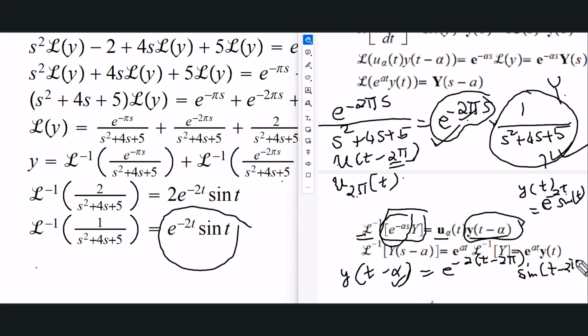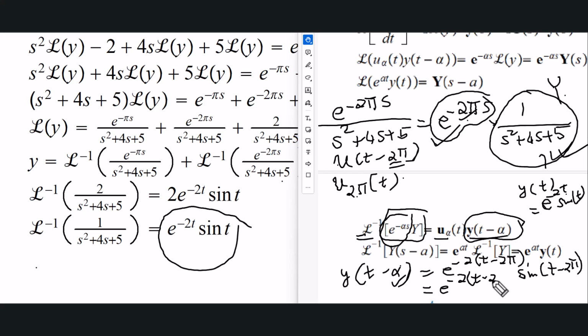That is not going to matter because sine is a periodic function with period 2 pi, so that will become sine t anyway. So this will be simply e to the negative 2, right?